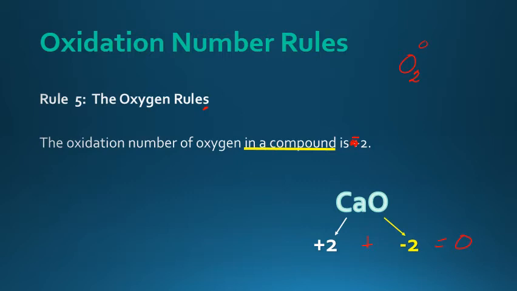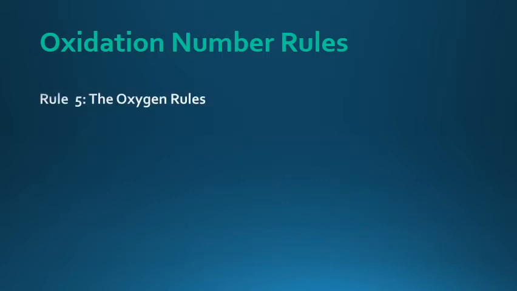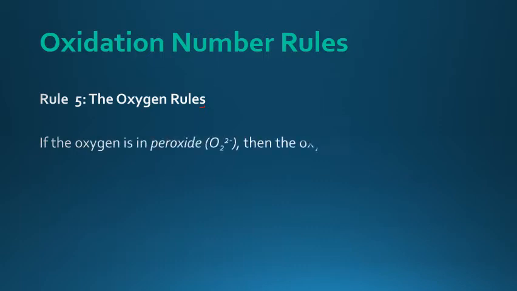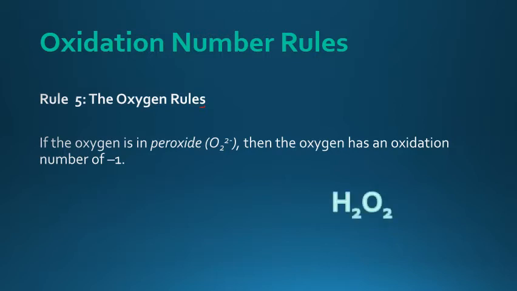I know, they look like charges. I get that. Trust me, they're not always charges. This is why oxygen rules has a plural on the end of its word, because oxygen isn't always just oxygen. Sometimes it's peroxide. And if you're looking at peroxide, then the oxidation number is -1. For example, look at hydrogen peroxide.